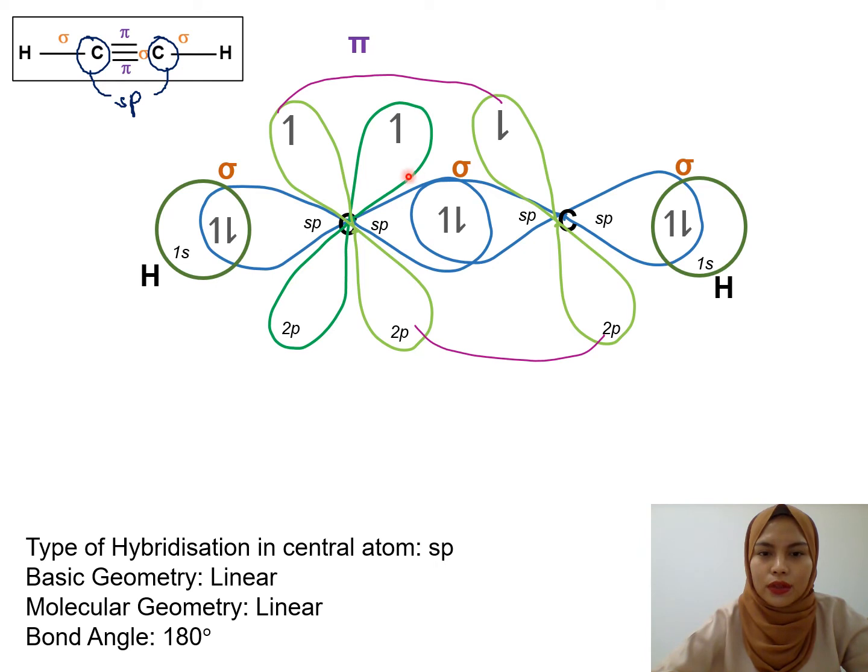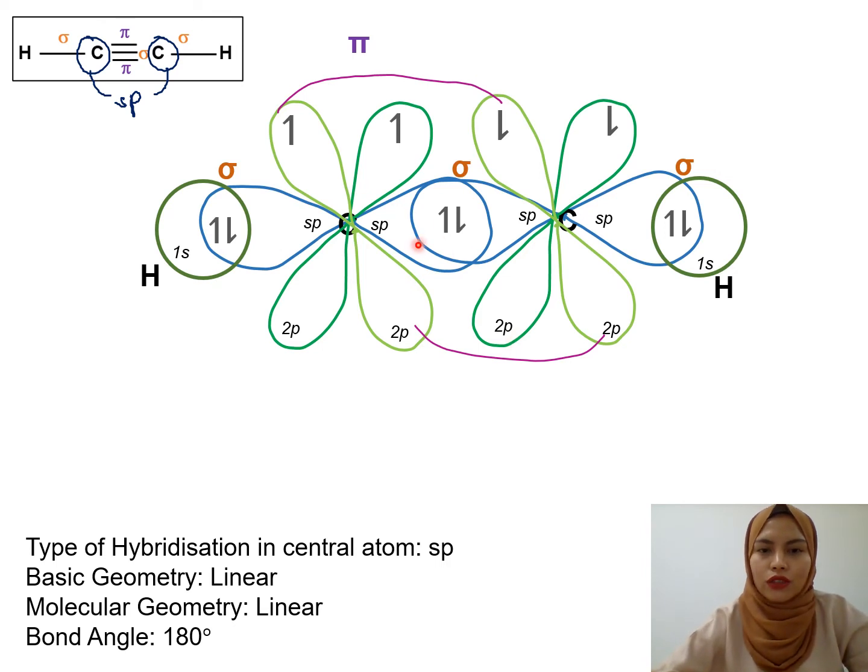So I just lukislah bentuk p orbital for this carbon belah kiri ni, which is p orbital, the single electron tu berada pada 2p lah. Okay, and then next I lukis another p orbital untuk carbon di sebelah kanan. Okay, tapi p orbital dia adalah 2p.